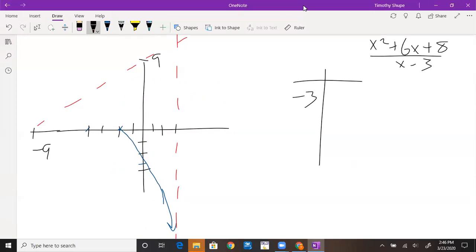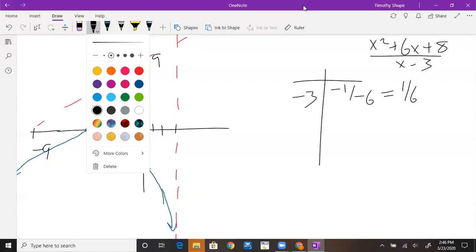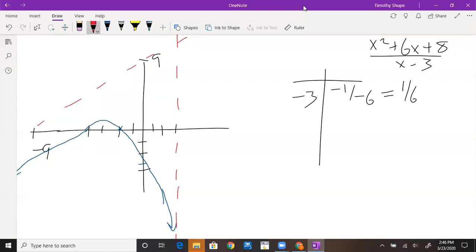So in the numerator, -3 squared would be 9, minus 18 would be -9, plus another 8 would be a -1 in the numerator, and then divided by a -6. So I end up getting a positive 1/6 for my y. So if I come back over here, that means that's going to come just above the x-axis and then come out and approach that asymptote on this side. So down here, I would extend that oblique asymptote and make sure that those come together.